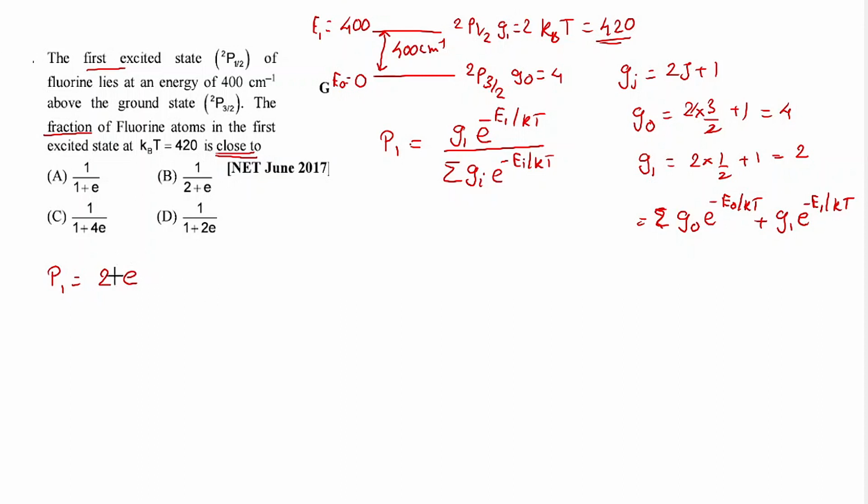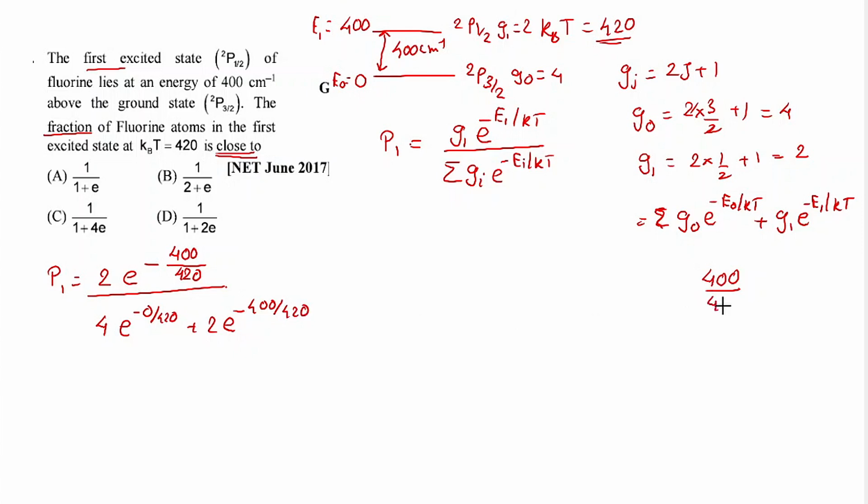So we will have 2 e raised to minus 400 upon 420, upon 4 into e raised to minus 0 upon 420 plus 2 into e raised to minus 400 upon 420.